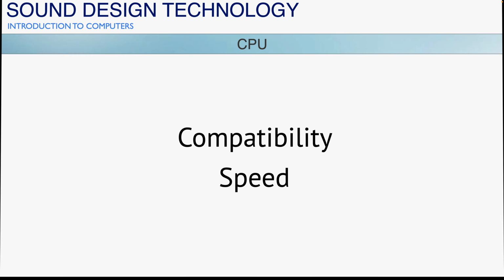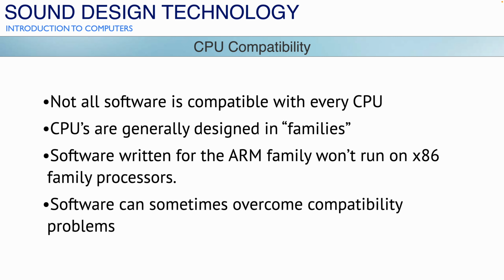Okay, so for compatibility, not all software is compatible with every CPU. CPUs are generally designed in families. There's an underlying architecture for how that chip does the math that it does, and each of them does it a little bit differently, with pros and cons to each approach.